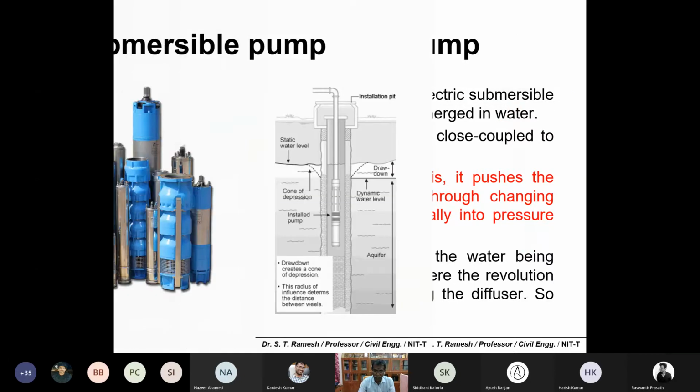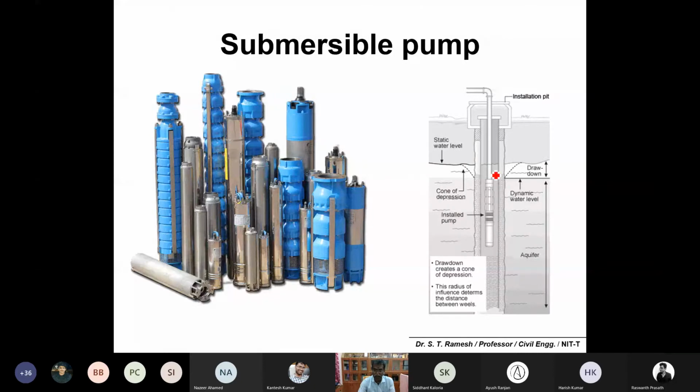It may contain a number of stages, for example, individual impellers. So this is one figure you would have now, so you can understand better. It is under the water. Borehole, all of you would have heard about, so they may go for 200 feet or 300 feet, and they may keep this submersible pump at a particular depth.